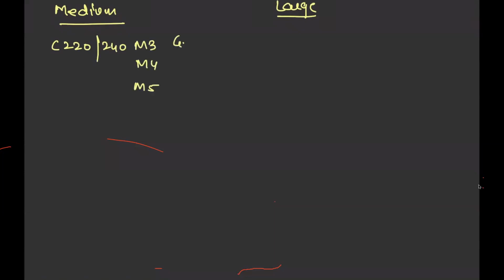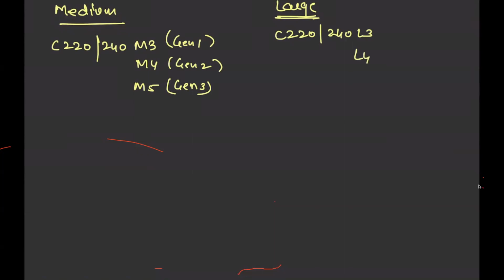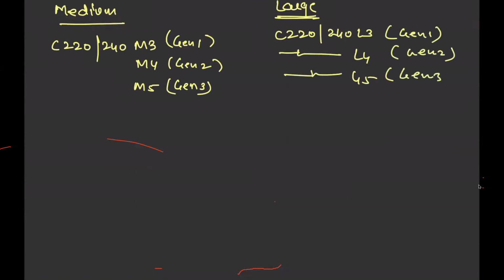Okay, so M3 is Gen 1, Gen 2, Gen 3. Okay, and if we talk about large, it has large buffers and all that stuff. Okay, so C220, 240, L3, L4, L5. Okay, so it is again Gen 1, Gen 2, Gen 3. So these are some of the models which come as the Epic.